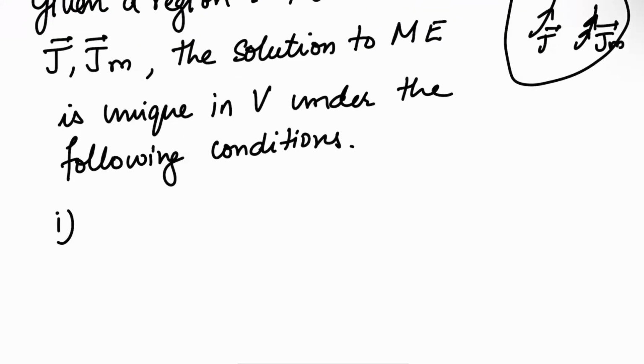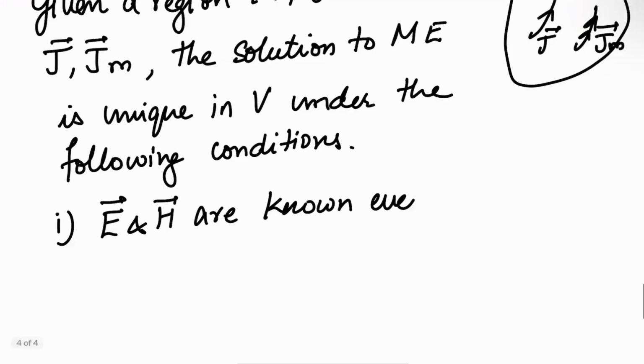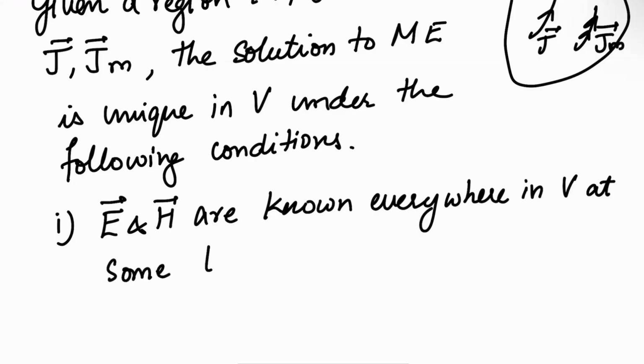So the first condition is that E and H are known everywhere in V at some time t equal to 0.